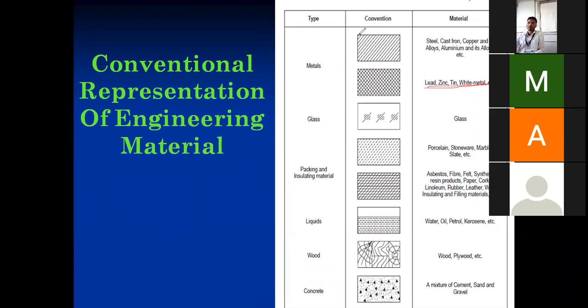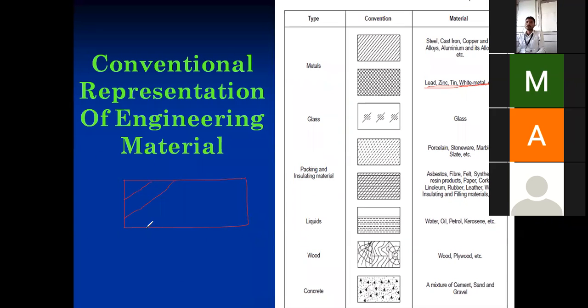So the symbol is, are you observing the way we were giving hatching? So here I will draw that symbol in red color. Are you observing it on the screen? The first symbol, for steel, cast iron, is something like this.